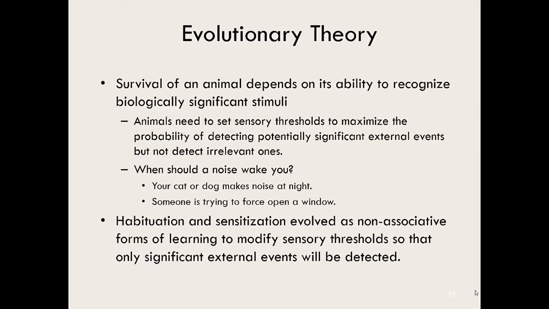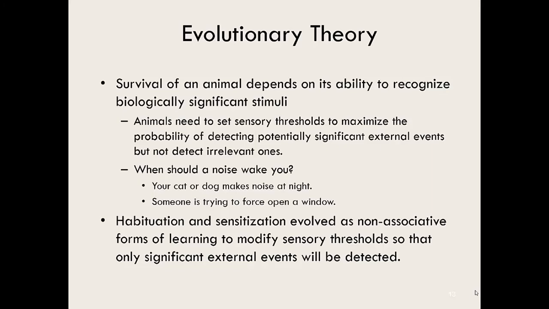And according to evolutionary theory, the survival of an animal depends on its ability to recognize biologically significant stimuli. So these are stimuli that are relevant in terms of survival and reproduction. So we need to be able to hear when a potential predator is coming towards us, and we need to be able to see and detect that predator so that we have a chance to escape being eaten.